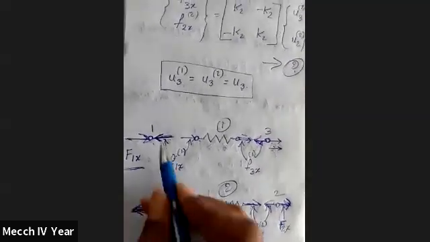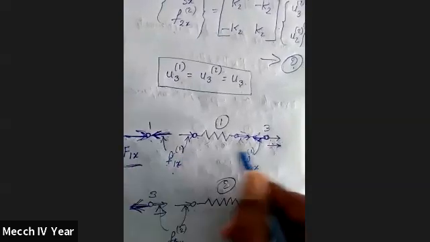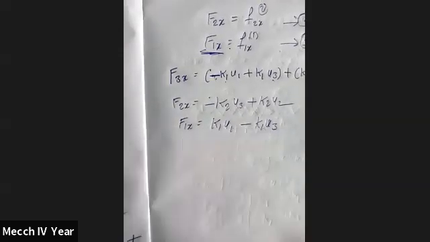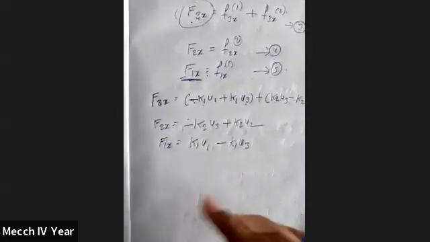Finally, what is the final result? Here this is starting and this is ending. That's why this is minus and this is positive. You see here, positive, negative. These are the signs we can take like this.